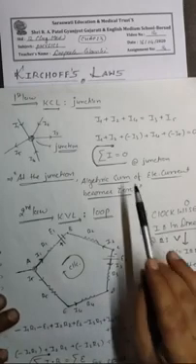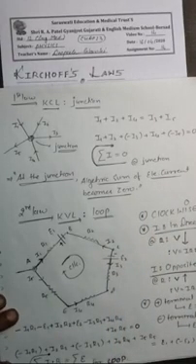As the first law was for a junction, in the same way the second law is for a loop.